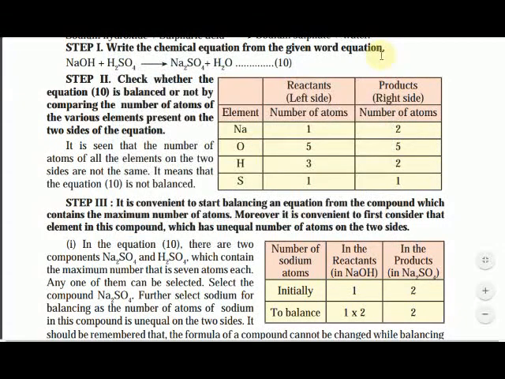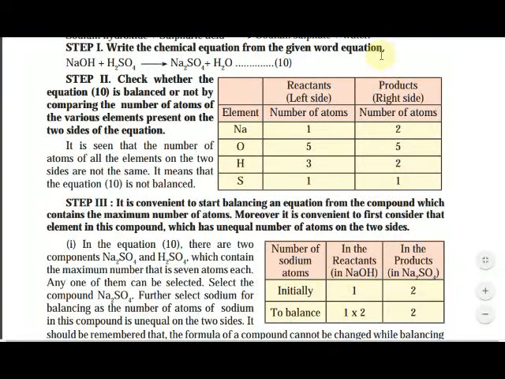In Na2SO4, sodium sulfate, sodium is 2, sulfur is 1, and oxygen is 4. 4 plus 3, 7.